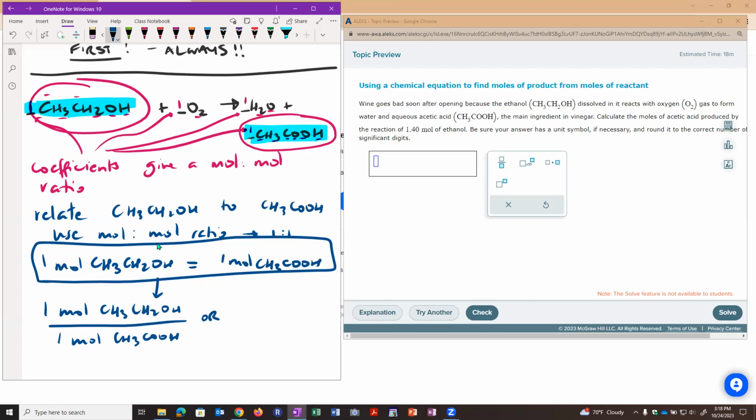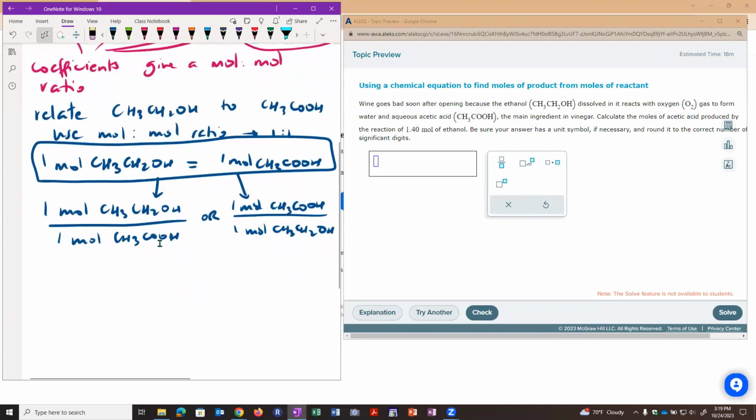So we have our first conversion factor. The second one, we simply flip it. All right, so we have 1 mole of CH3COOH for every 1 mole of the ethanol, CH3CH2OH. So now we have, from the balanced equation, a mole-to-mole ratio that we express as an equality that we then can convert into one of 2 conversion factors.